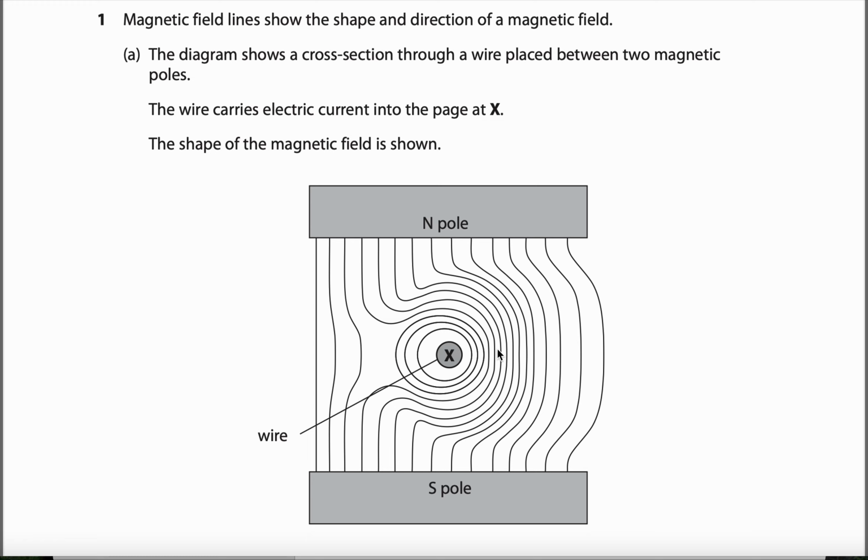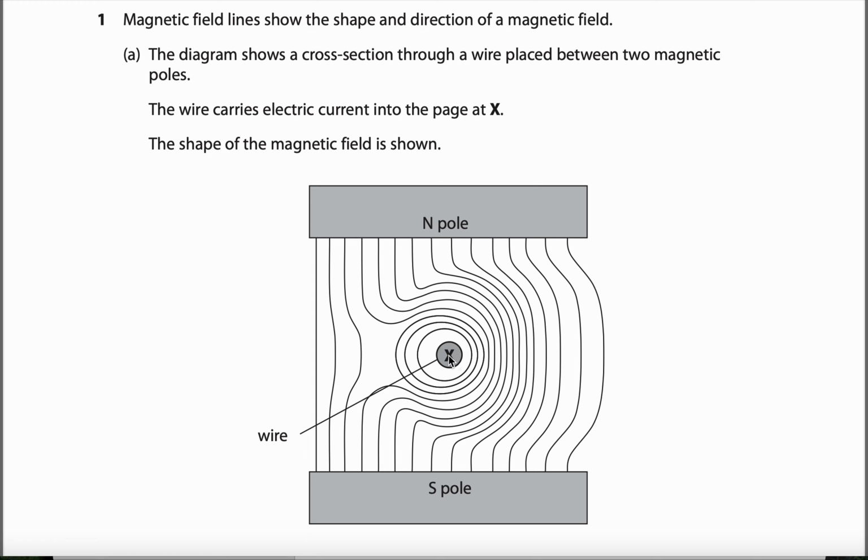So over here you've got strong field lines, and here you've got weak field lines, which means the wire will be pushed from the strong part of the field towards the weak part of the field, and that's what causes current carrying conductors to be deflected inside a magnetic field.